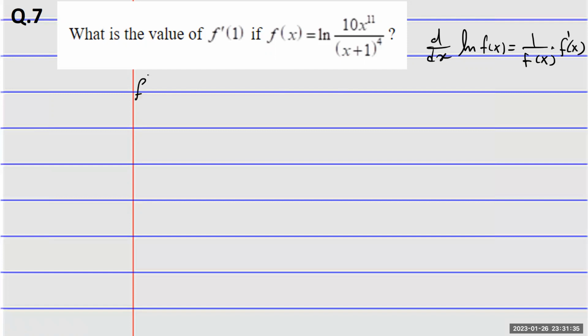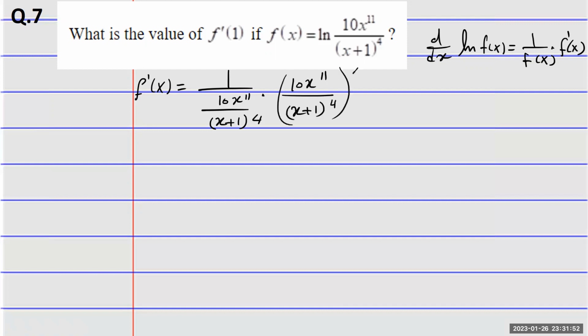So f prime of x is equal to 1 over the function, 10x to the power 11 over (x plus 1) to the power 4, times the derivative of all this. So the answer is 1 over the fraction, the reciprocal fraction, (x plus 1) to the power 4 over 10x to the power 11.